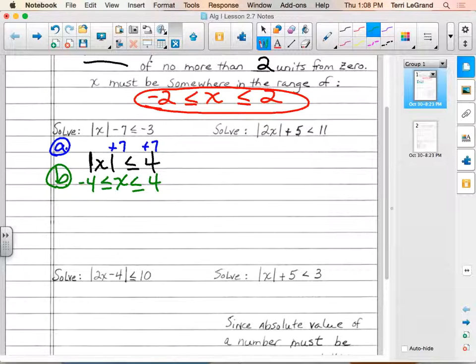Those are the only numbers that have a distance of 4 or less. Okay, and now we will graph that solution. So that's our solution, and here's our graph.